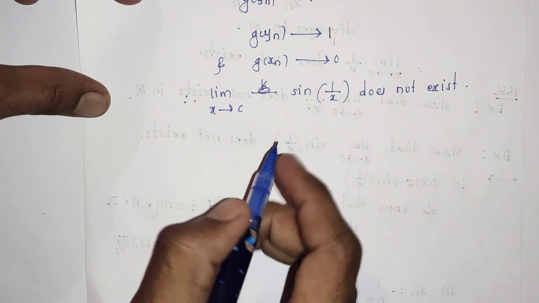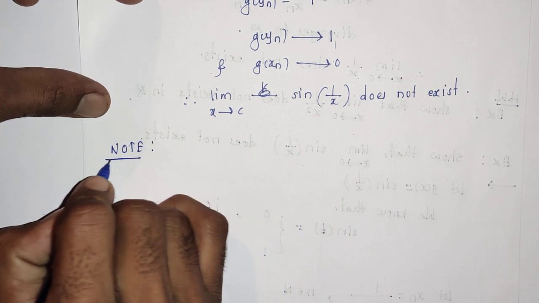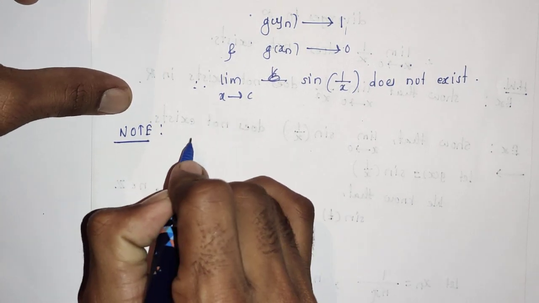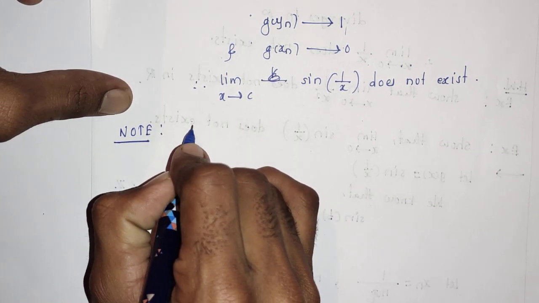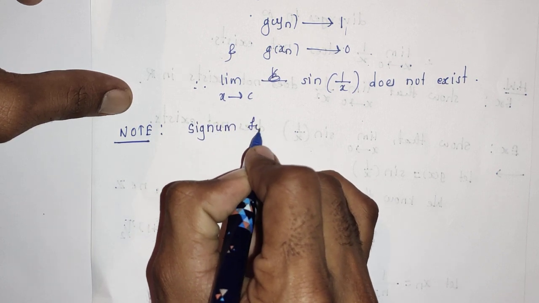Next example is the signum function. So this is one note for you: the limit of the signum function also does not exist. First of all, we will write the definition of the signum function.